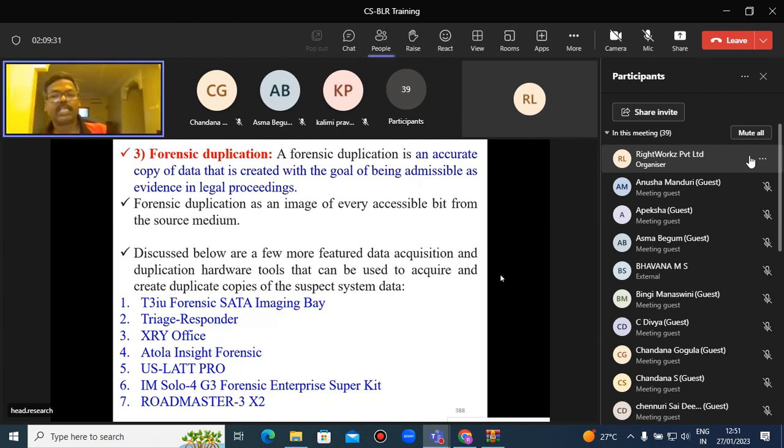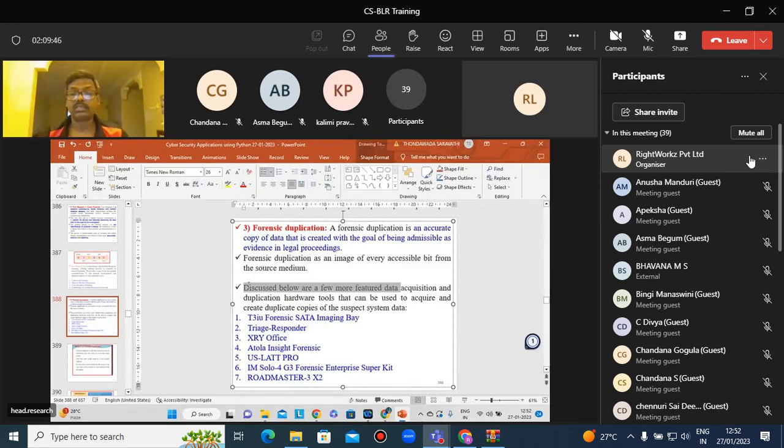These are the data acquisition and duplication hardware tools that can be used. You can call them the data acquisition tools.